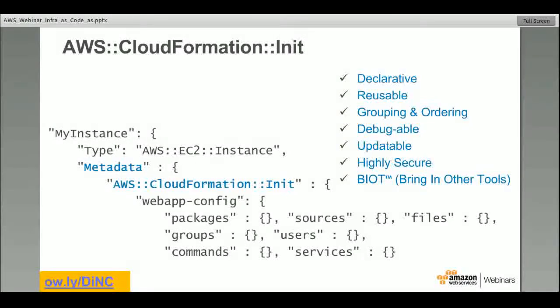You can do things like specifying the list of software packages that you want CloudFormation to install, files that you might want CloudFormation to download, and the commands that you might want to run. So, for example, you might have a script that you run for bootstrapping your application, and then you can run that script within the context of CloudFormation Init.